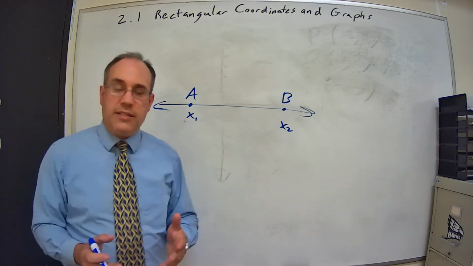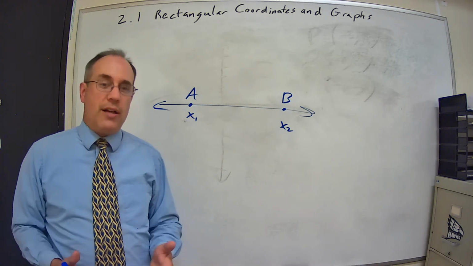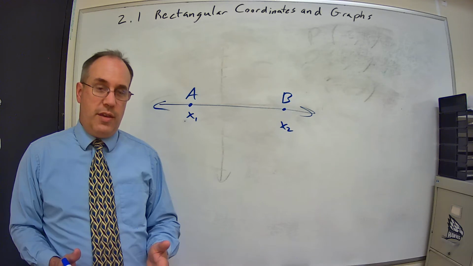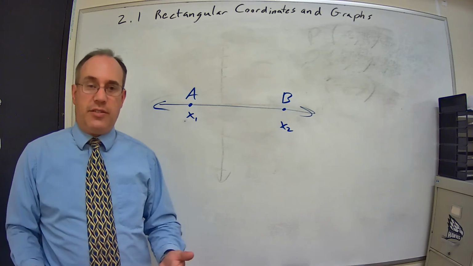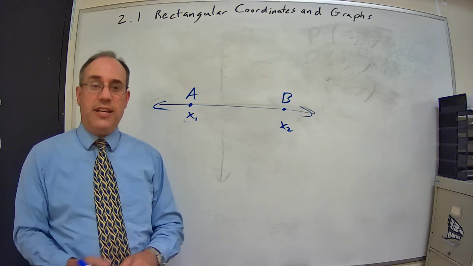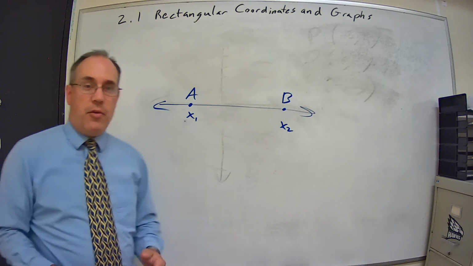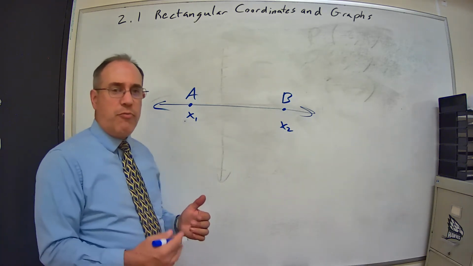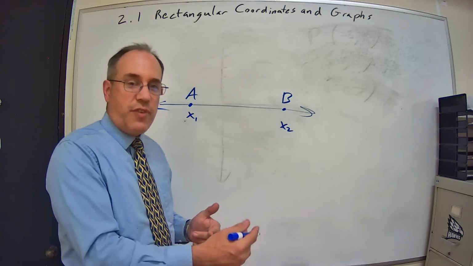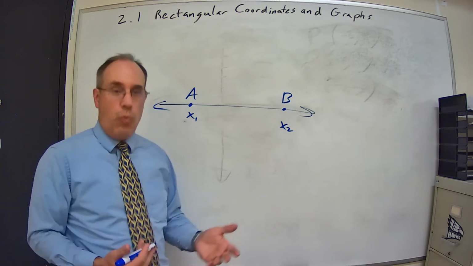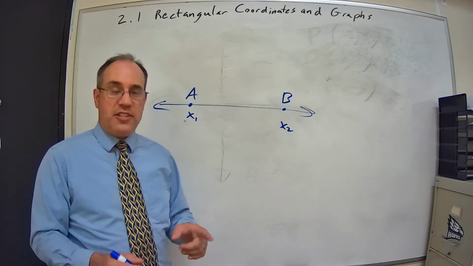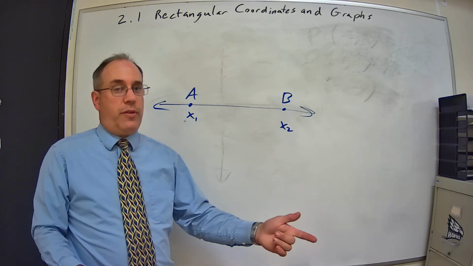Now realize that distance is always positive. You can't have a negative distance. Sometimes we use sign to indicate direction. Plus 5 means I went 5 miles east. Minus 5 means I went 5 miles west, but the distance is still 5 miles.